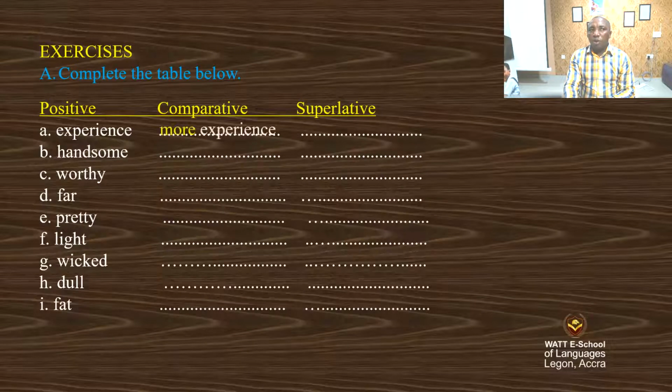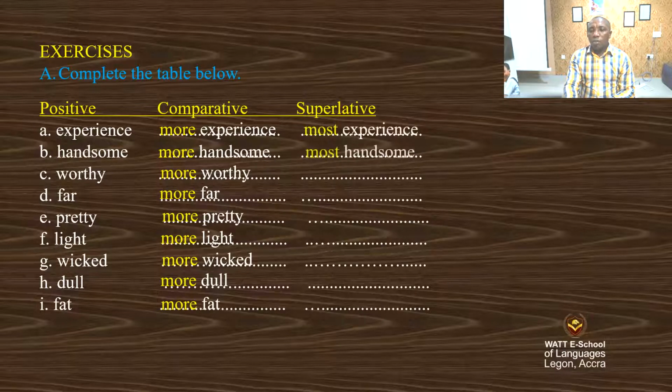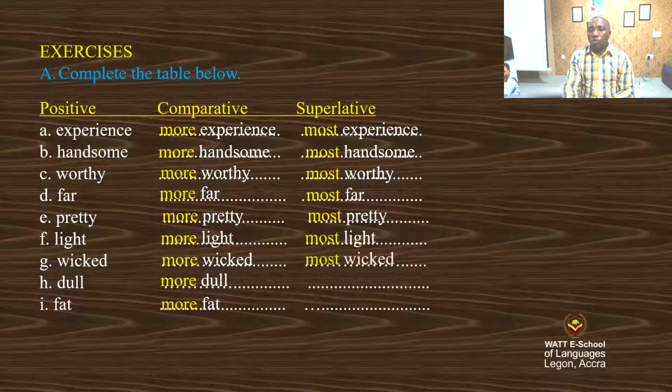So we have more experienced, more handsome, more wealthy, more far, more pretty, more light, more wicked, more down, more fat. Most experienced, most handsome, most wealthy, most far, most pretty, most light, most wicked, most down, and most fat.